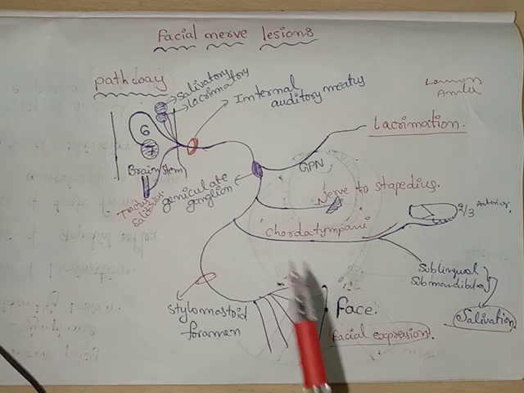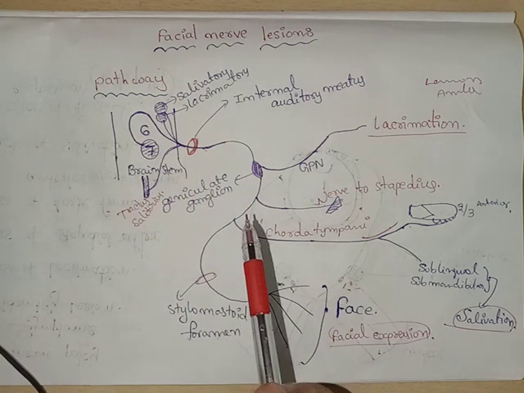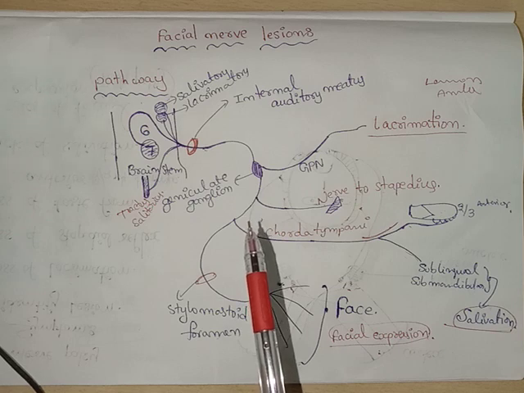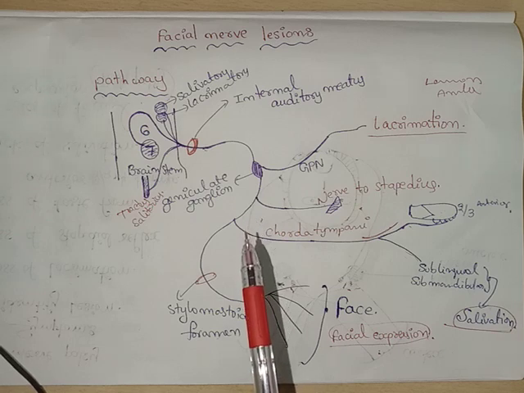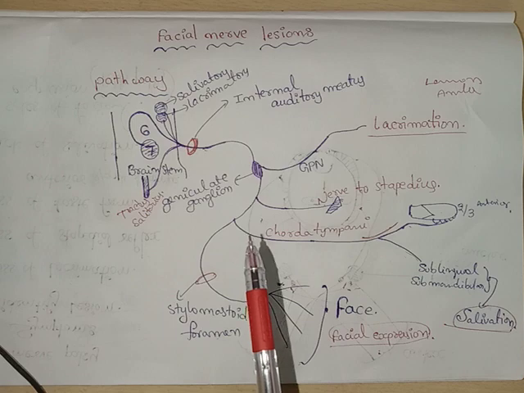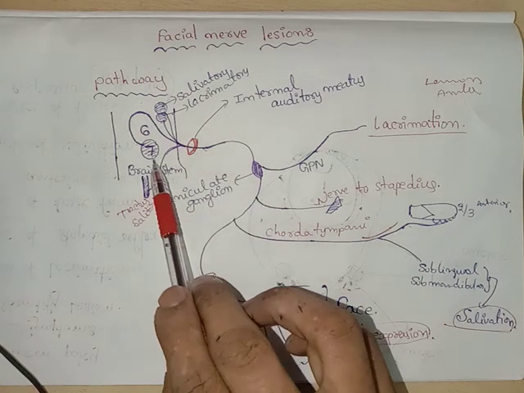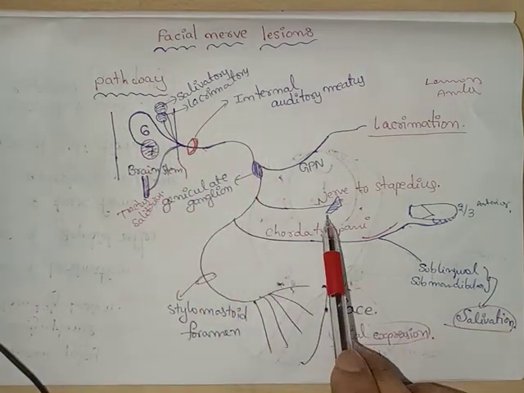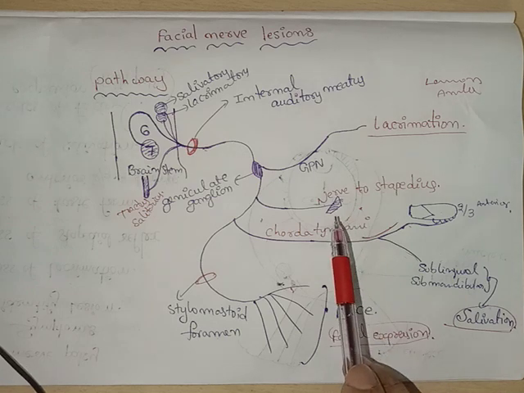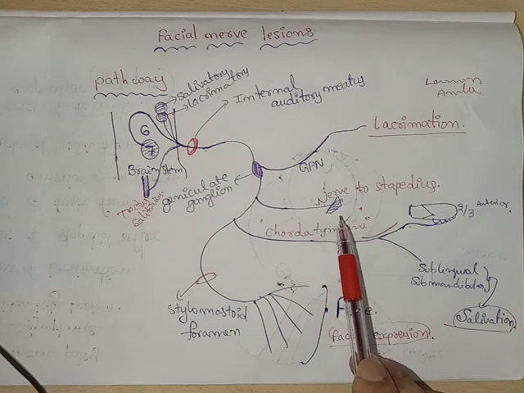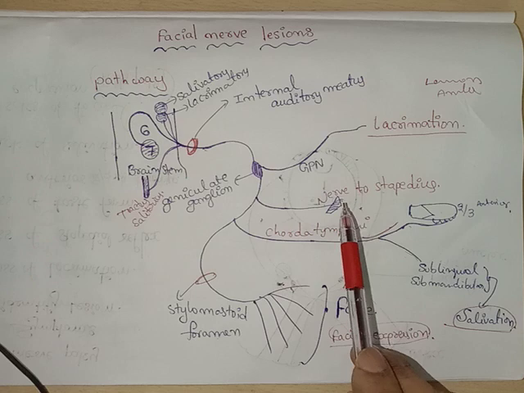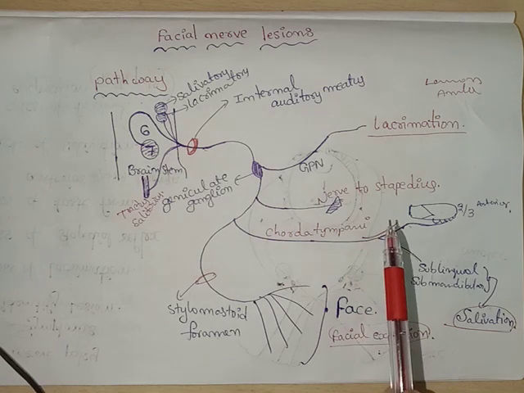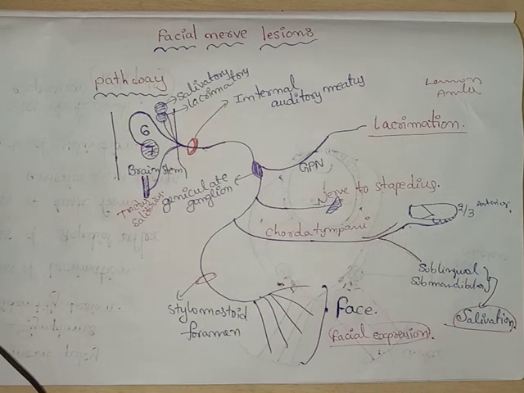It happens by this mechanism only. When you start a loud sound, our body senses that you are shouting loudly. This impulse goes to the seventh nerve. It reaches the nerve to stapedius. It helps in the prevention of hyperacusis. These are all the mechanisms, and this is the pathway also.